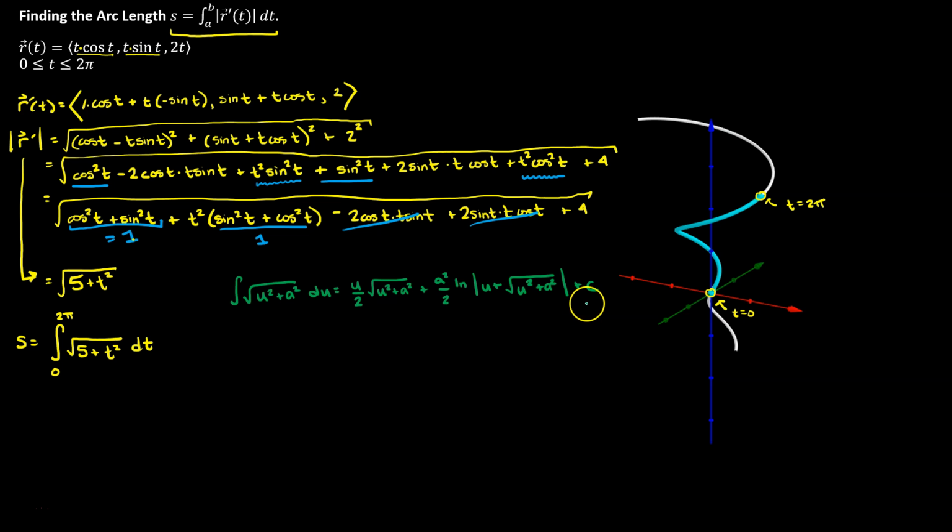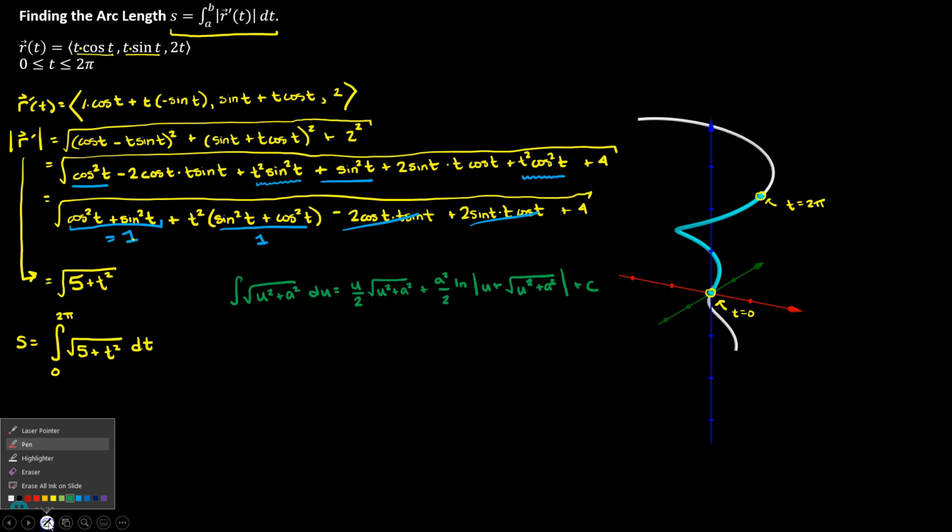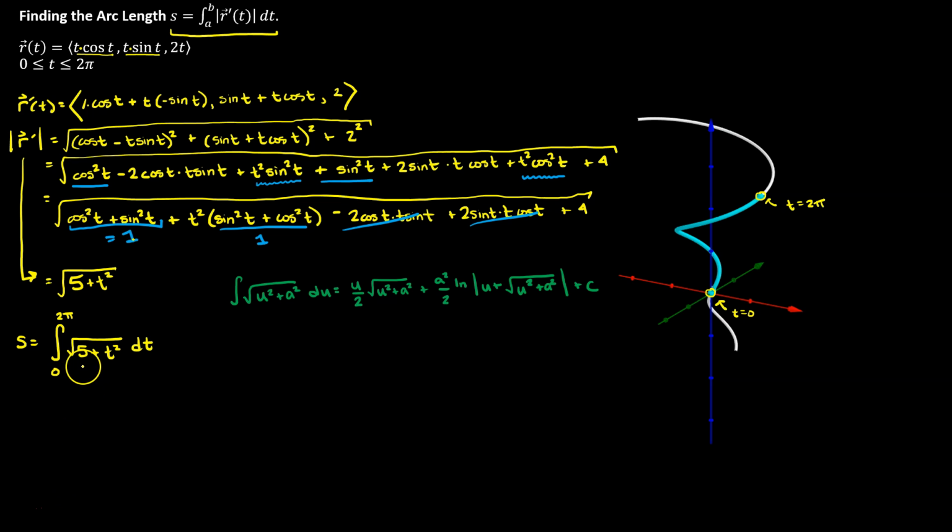So applying this to the integral that we're looking at, instead of u, we're working with t, and instead of an a squared, we're working with 5. So that would mean we're using t in place of u, we're using 5 in place of a squared. So anywhere we see a u, we would replace it with t, and anywhere we see an a squared, we would replace that with 5.